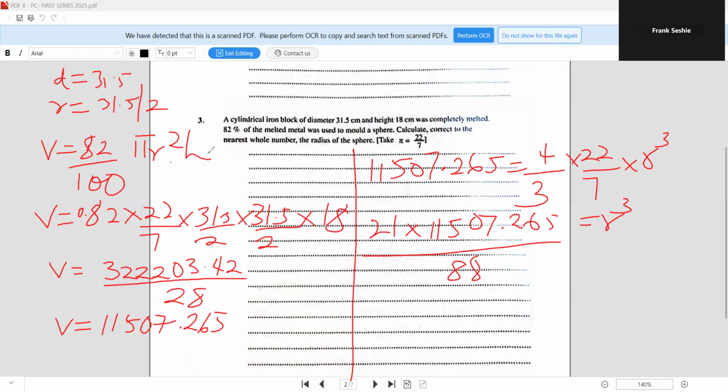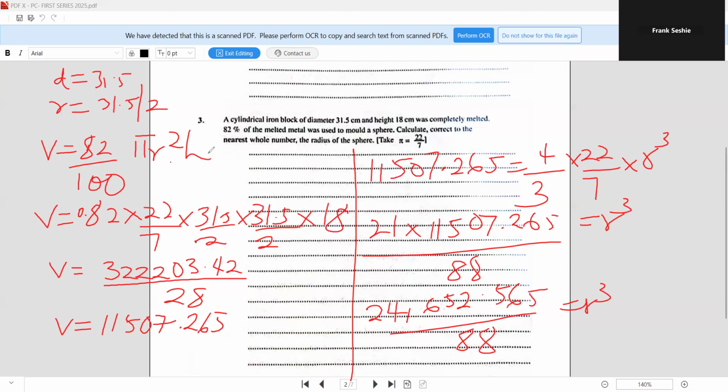I'm going to have 241652.565 out of 88, and that's r cubed.